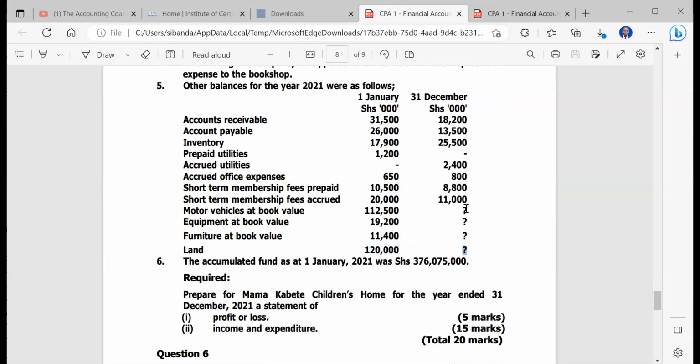The examiner does not mean that where there's a question mark, you go and answer, but they know that when you're going to prepare what they have asked you here, you will definitely need these values. So yours is to concentrate on what they have asked for here. Then they are telling you that accumulated fund as at 1st January 2021 was 376,075.